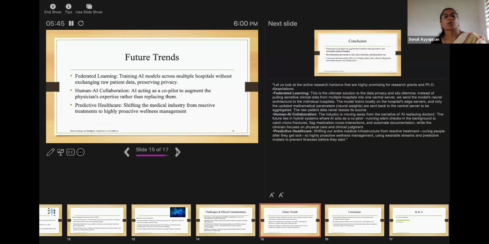Federated learning is training AI models across multiple hospitals without exchanging raw patient data, preserving privacy. I'll put an example here: taking a patient's data from one doctor to another. Usually what we do is write it on a CD and then take it. But there is no time for the travel or the transit.